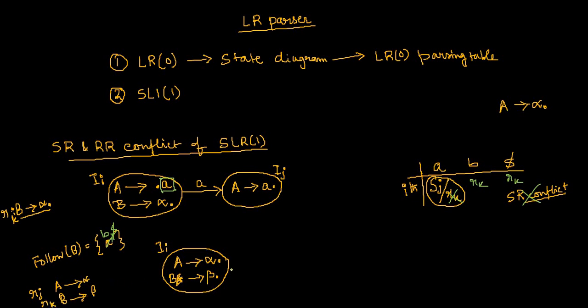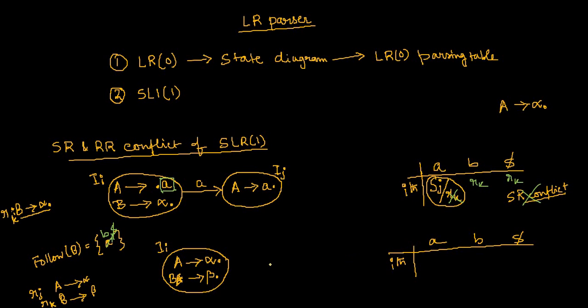So if you consider the corresponding SLR1 parsing table for a, b and dollar over here, I have an ith row because that is representing this ith state. The rule of SLR1 parser says don't put this reduced move A to alpha in every column, that means a, b and dollar.